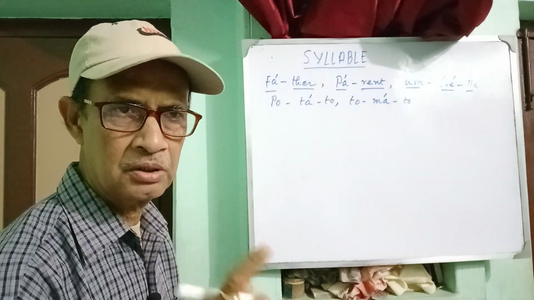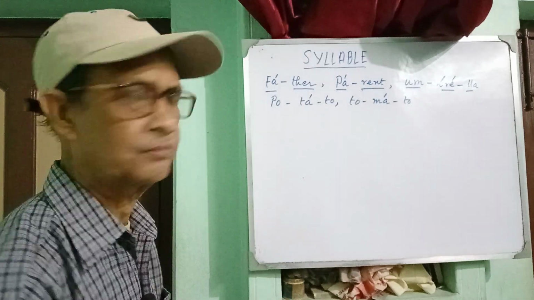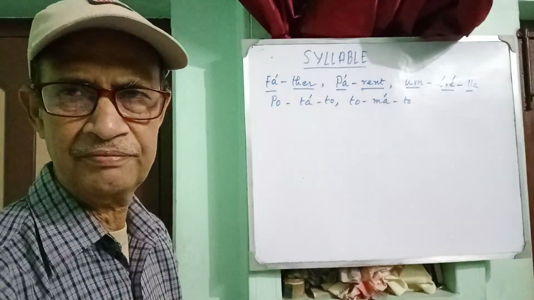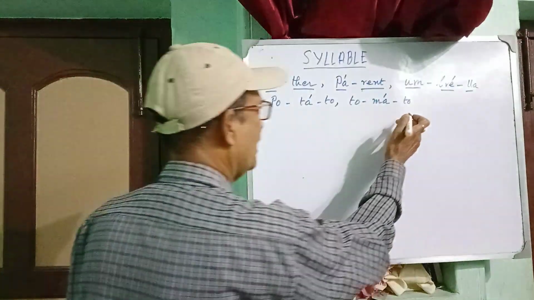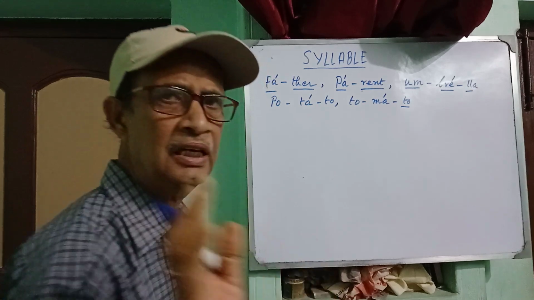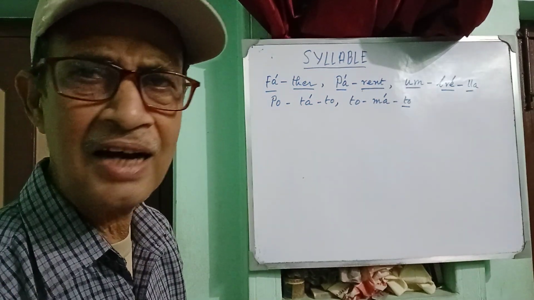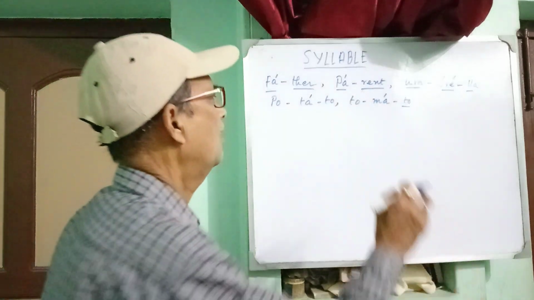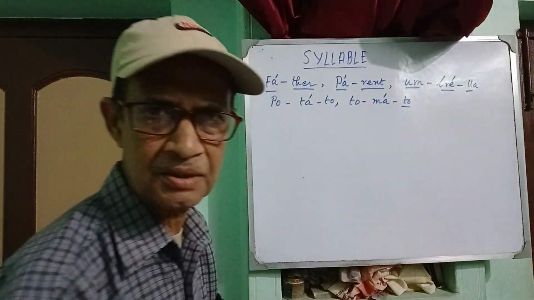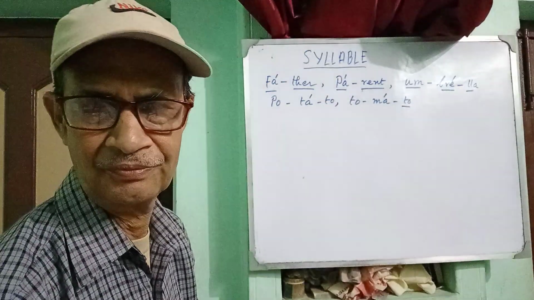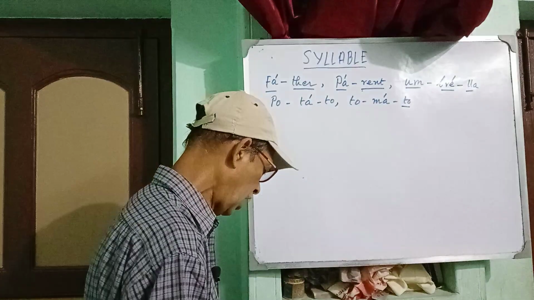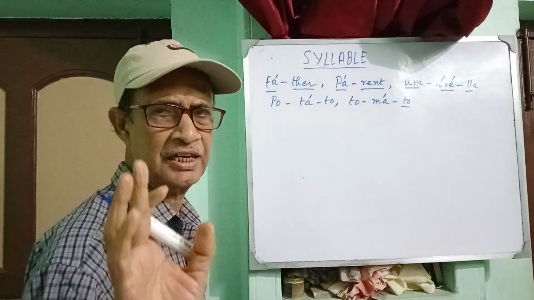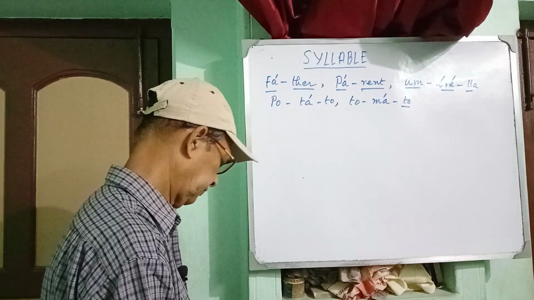So, to is almost inarticulate and this last to is also inarticulate. And where shall we give the stress or accent? On the middle syllable, that is ma, tomato. Clear? However, we are going to give you some peculiarities about stress.